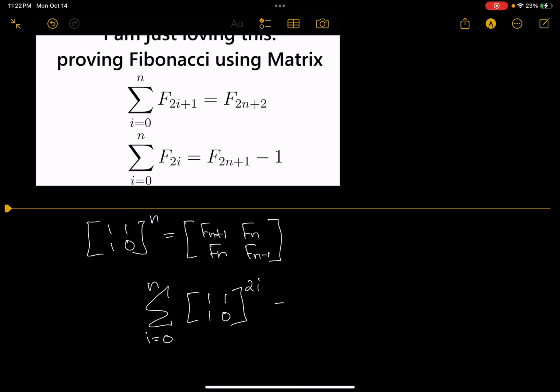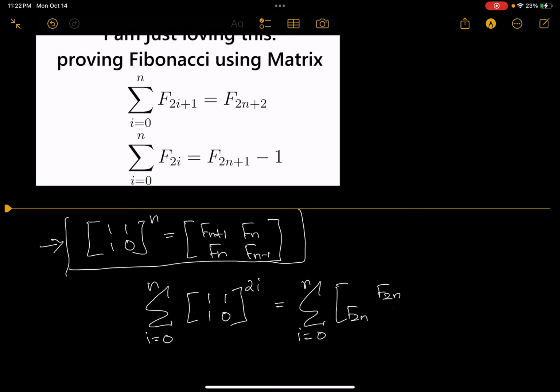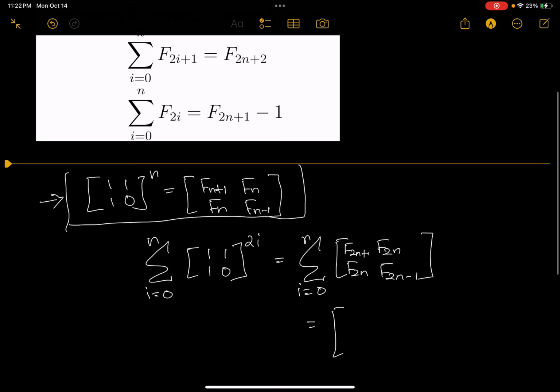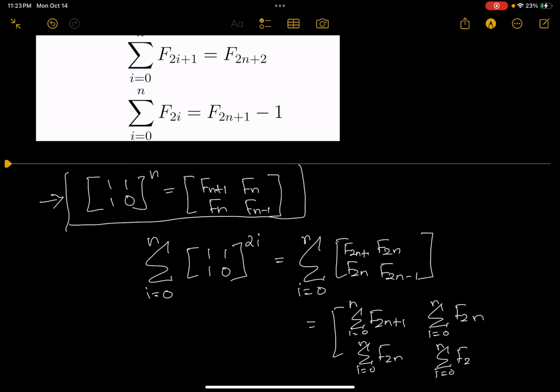Now, from this property that I proved in the previous video, this will just be the same as the sum from i equals 0 to n of the matrix with entries F(2i+1), F(2i), F(2i), F(2i-1), right? In a matrix, the corresponding elements are added, so this will be the sum from i equals 0 to n of F(2i+1), the sum of F(2i), the sum of F(2i), and the sum of F(2i-1).